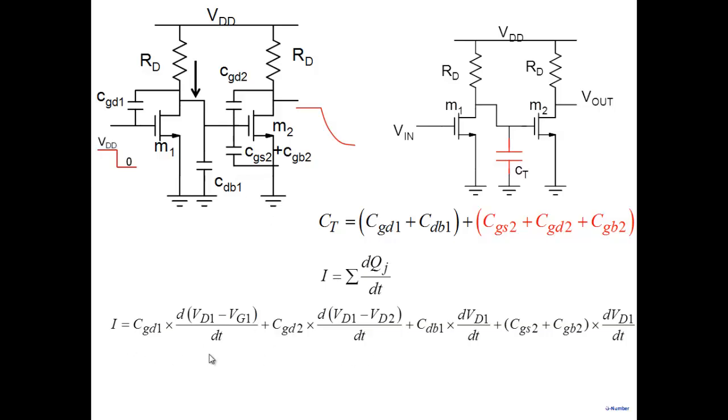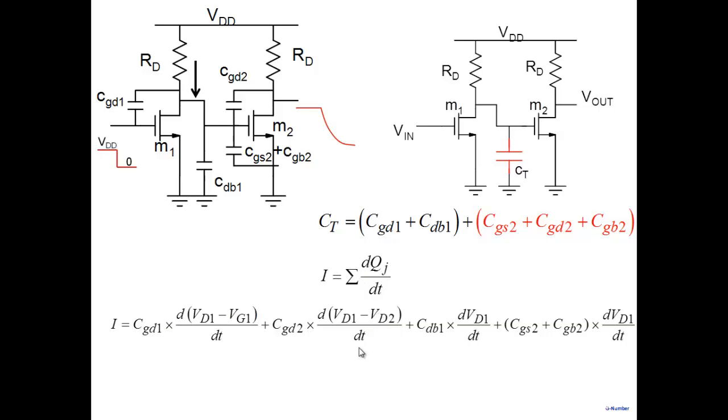If you look at CGD1, its charging current can be described as I equal to CGD1 multiplied by the effective voltage between these two points, d(VD1 minus VG1) by dt. That's the net voltage across this particular capacitor, so that's how it charges. Similarly, CGD2, gate to drain 2, can be described as d(VD1 minus VD2) by dt, the drain of the second transistor.